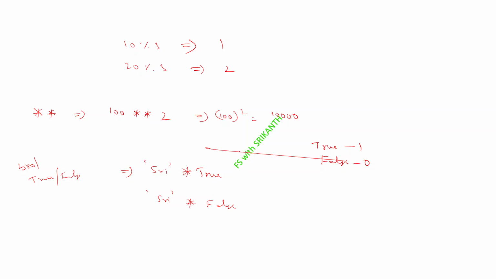So here we get Sri as the output, and here we are not getting 0 or anything, we are getting an empty string. So these are all the things we are going to execute.